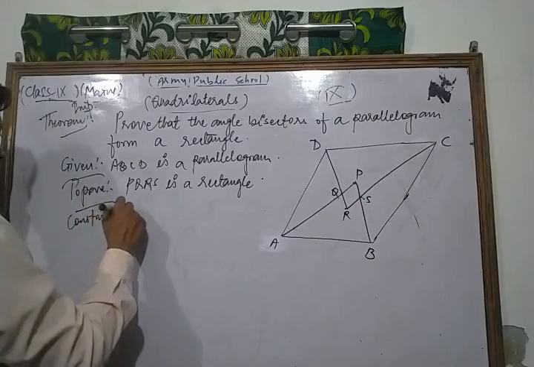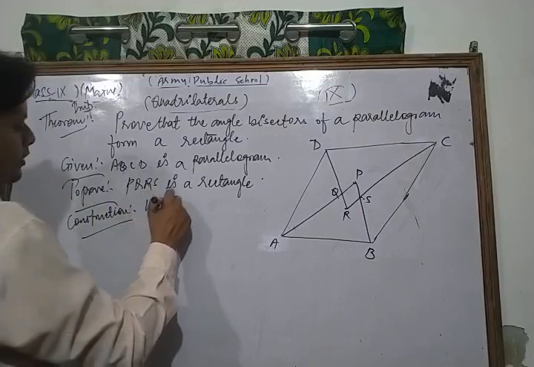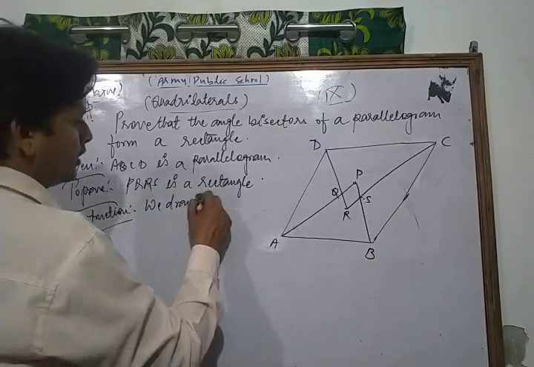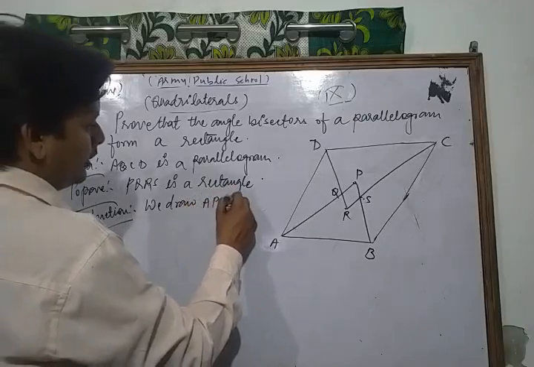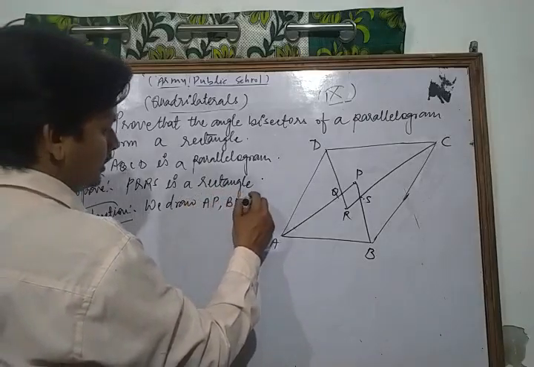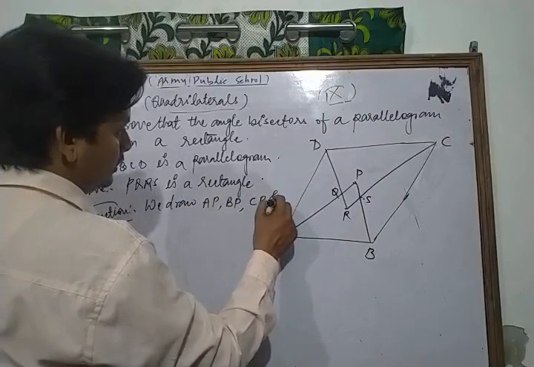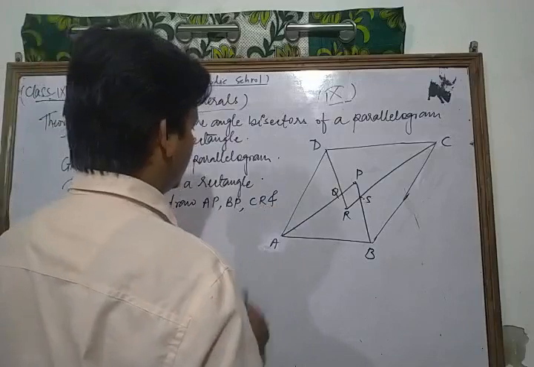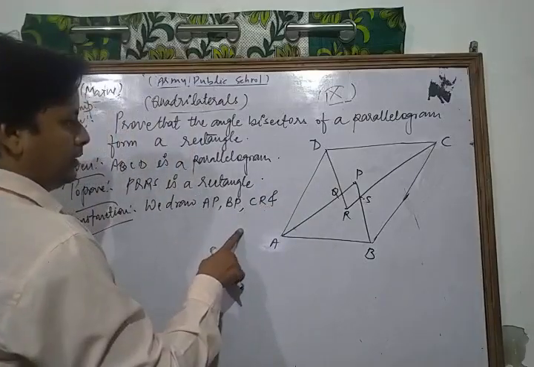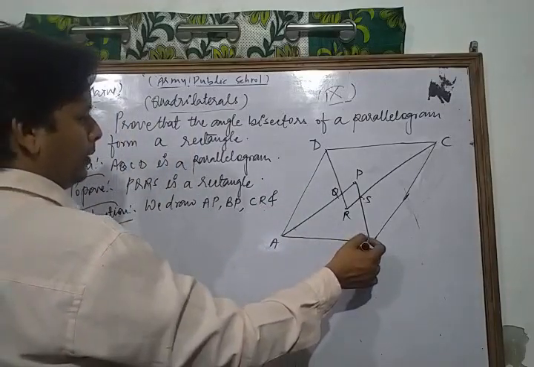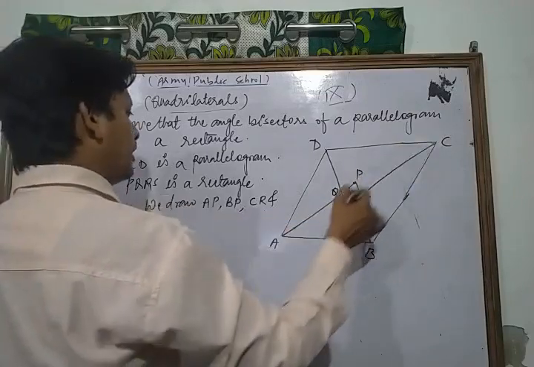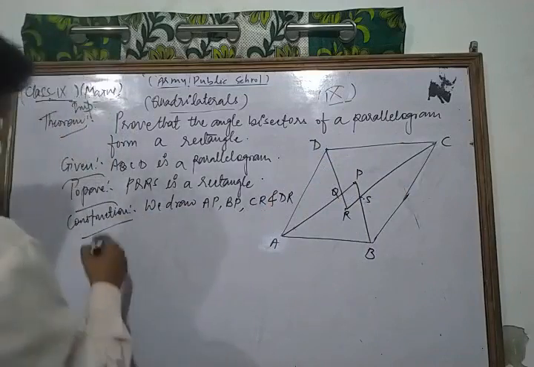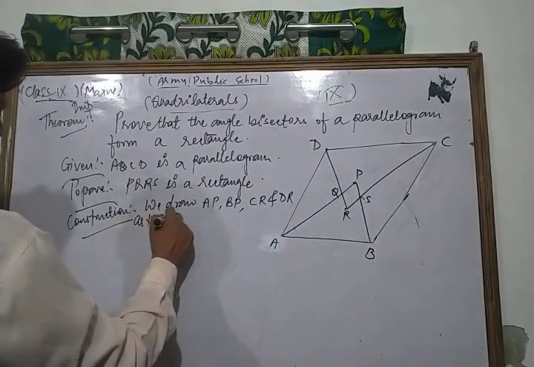Now what is the construction? We draw AP, BP, CR and DR as the angle bisectors.